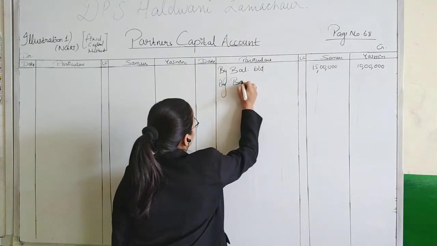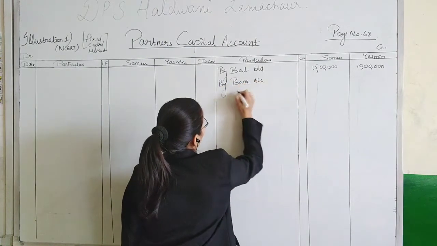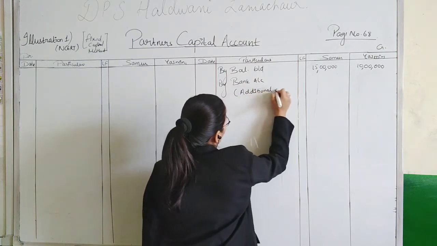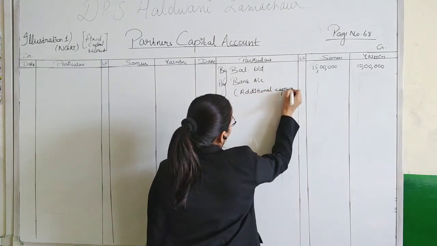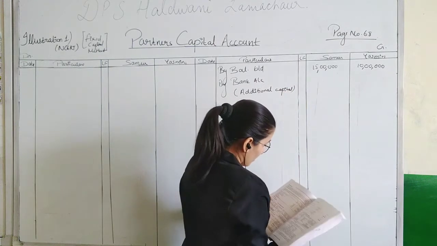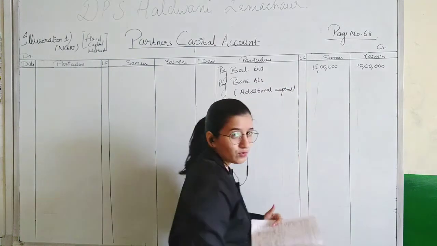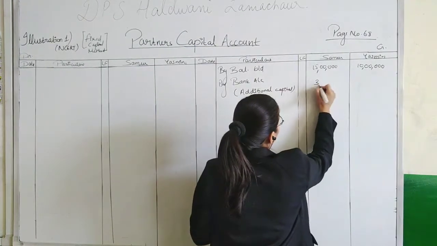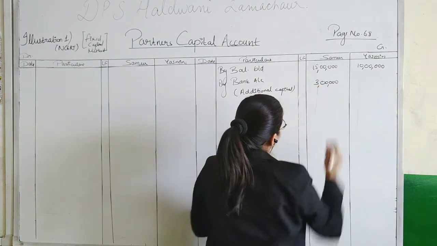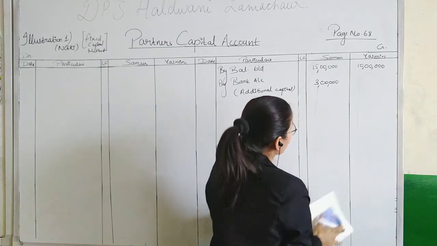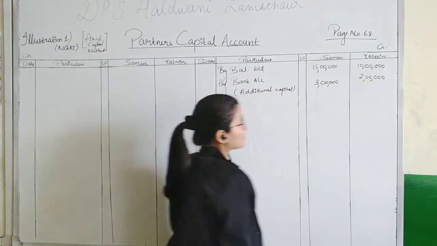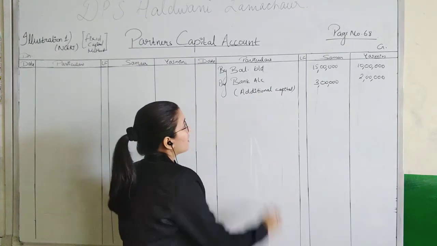Now again, the additional capital was brought in by both the partners on 1st July 2014 and the amount is 3 lakh. 3 lakh is the amount brought in by Sameer and 2 lakh additional capital has been brought in by Yasmin.